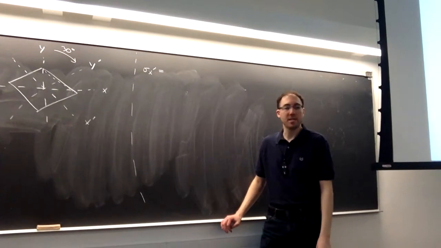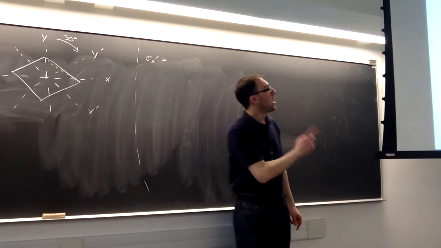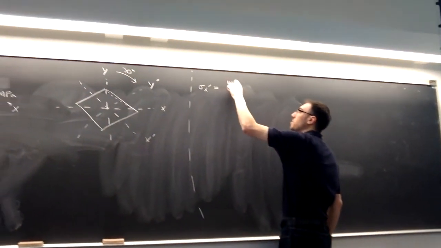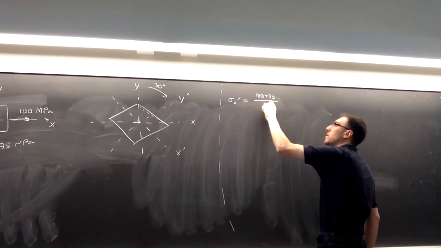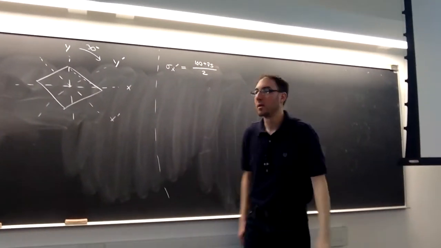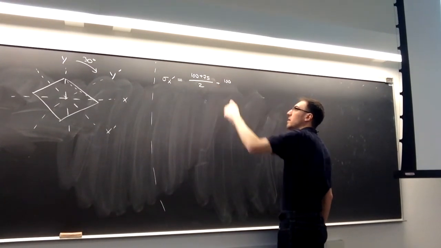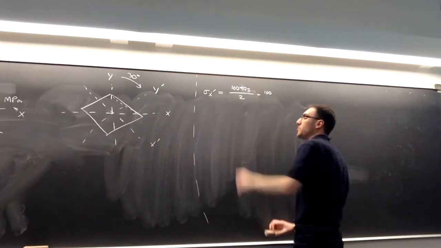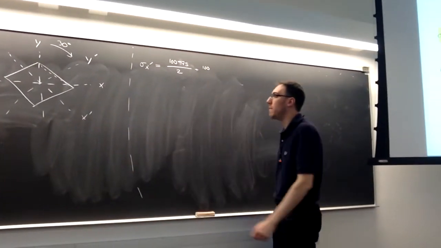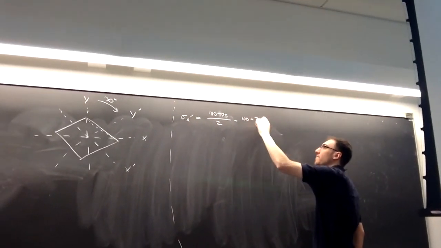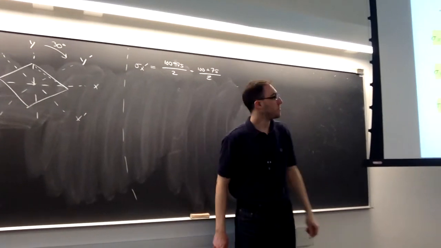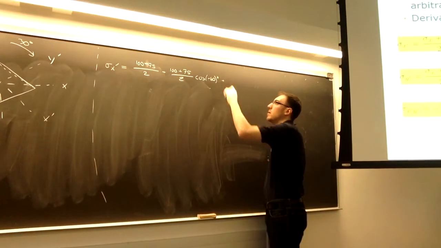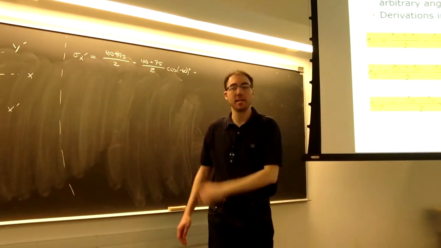Okay, so the stress on what I'm calling the new x prime face, I'm going to take the original values, so sigma x plus sigma y over 2, 100 plus negative 75 over 2, plus the difference, oops, this one's minus, 100 minus negative 75, this gives me the plus 75, times the cosine of 2 theta, plus tau xy sine 2 theta.